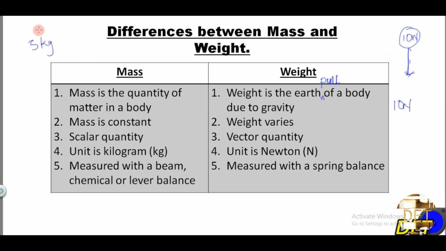But mass does not have a direction. Then the unit for measuring mass is kilogram, in short, kg. The unit for measuring weight is Newton, and it is written as capital N in short. Then mass is measured with a beam balance, with a chemical balance, or with a lever balance. Weight is measured with a spring balance, right?